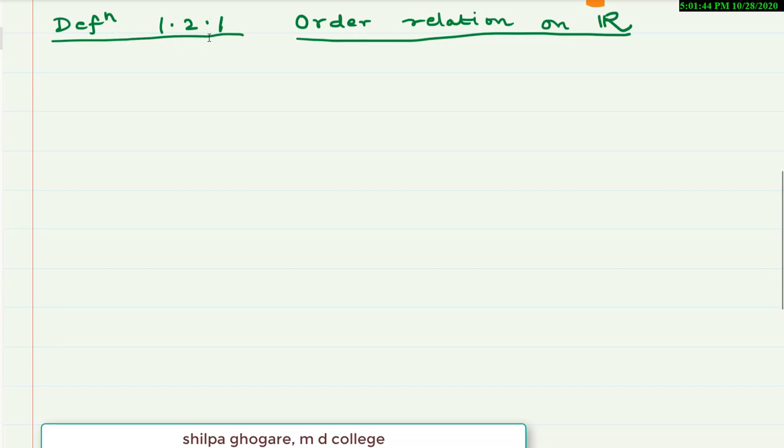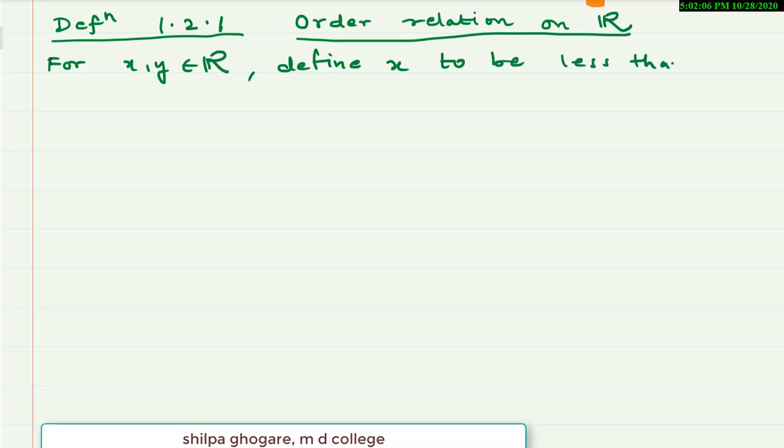Now we have a definition of order relation in R. It goes like this. For x and y, two real numbers, define x to be less than y.